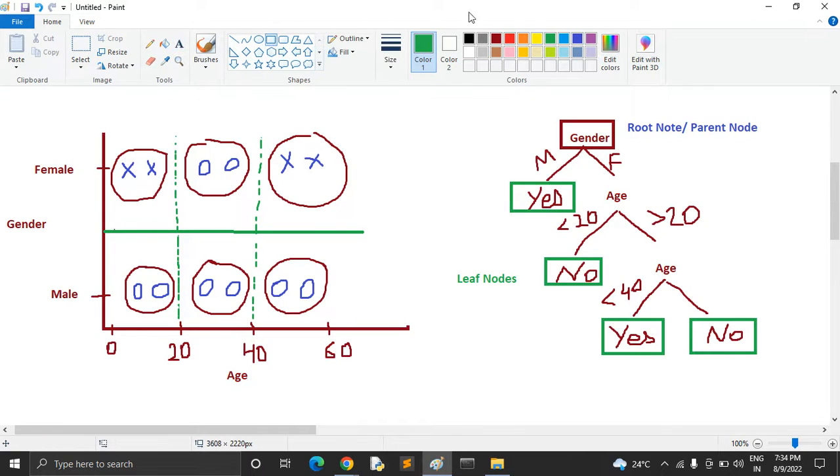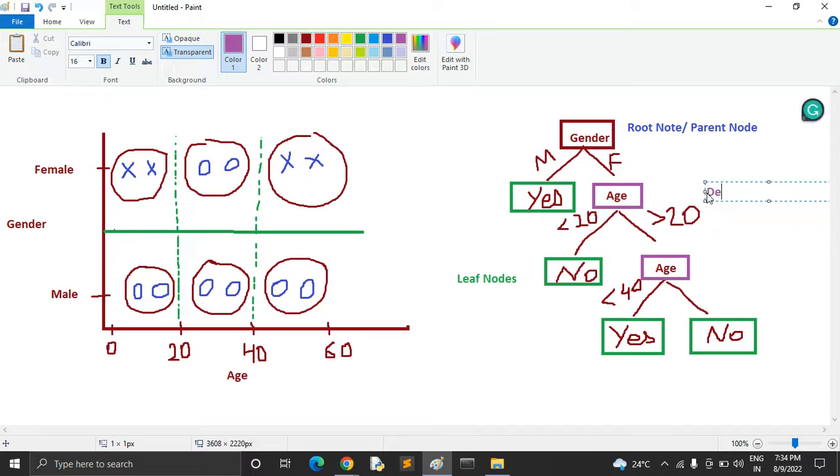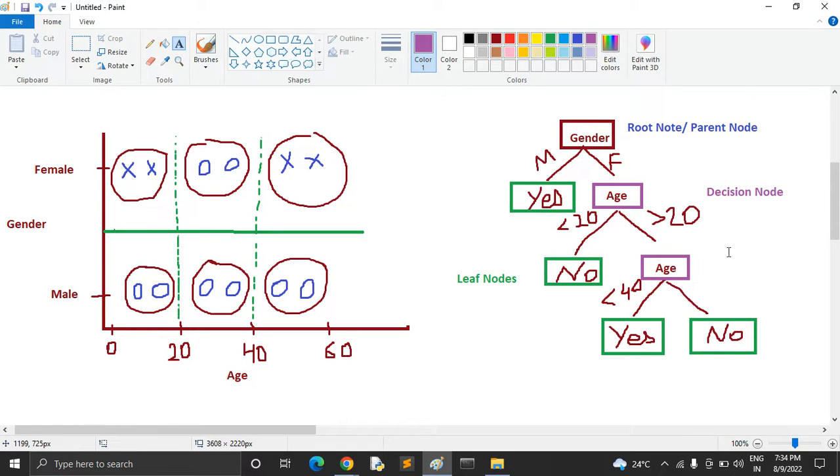Also, if you have nodes which are splitting ahead for further decision making, these nodes are known as decision nodes. So I repeat the statement.